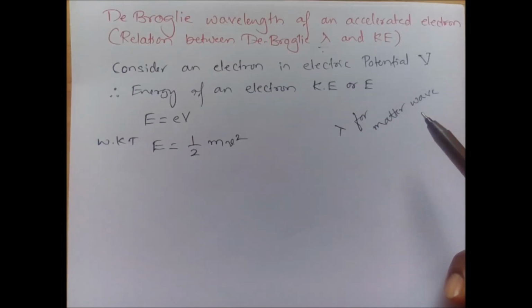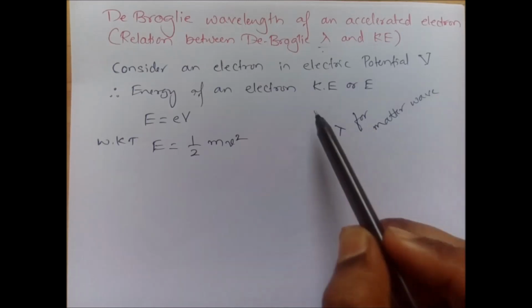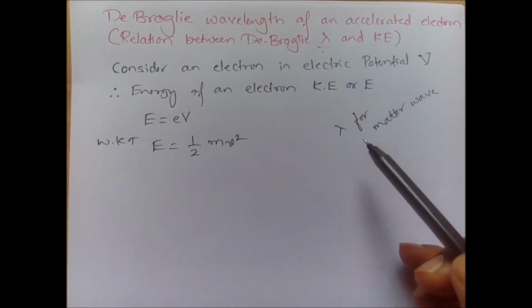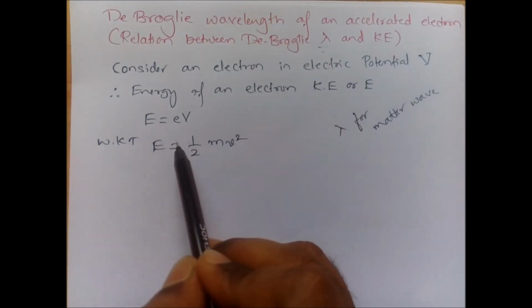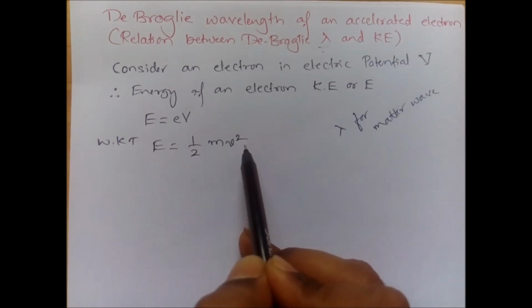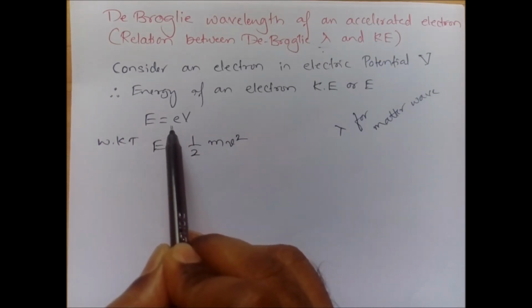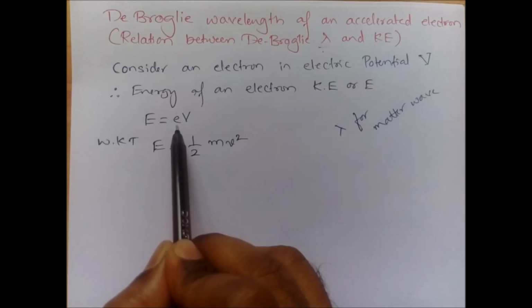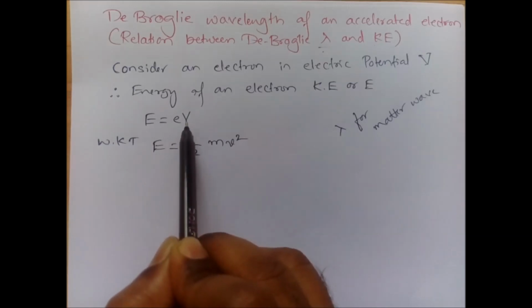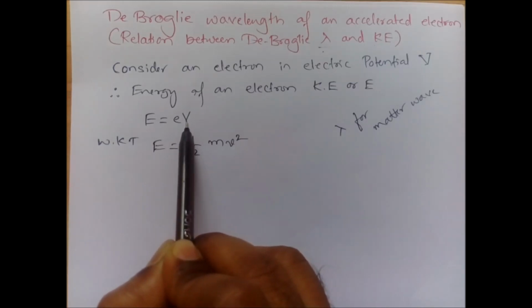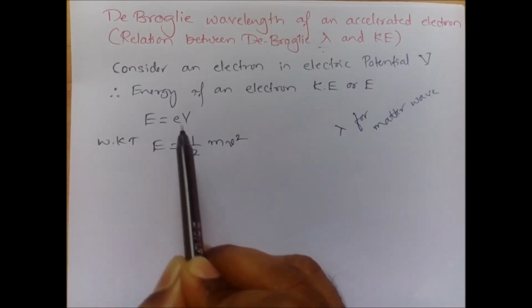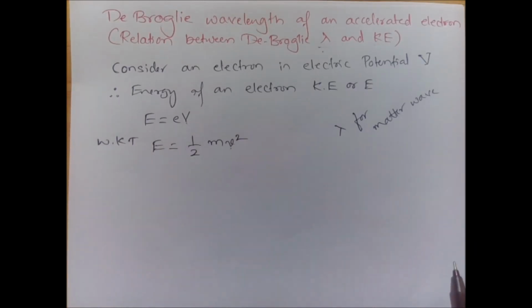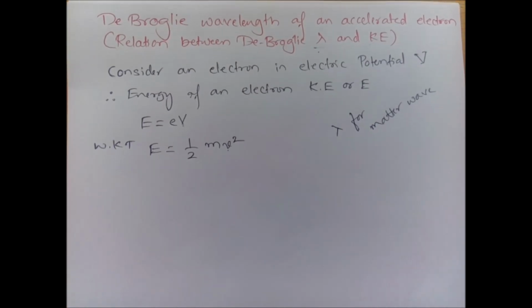When it is accelerated, it gets the velocity, that is small v, and it gets the kinetic energy. That kinetic energy can be written as half mv square, and the energy associated with that electron is eV. Capital V is a potential, or we can say the voltage applied there. This is the potential, and this is the velocity of that particular electron.